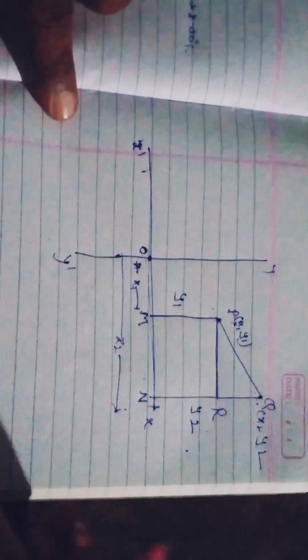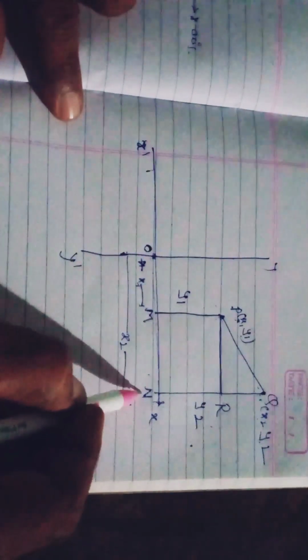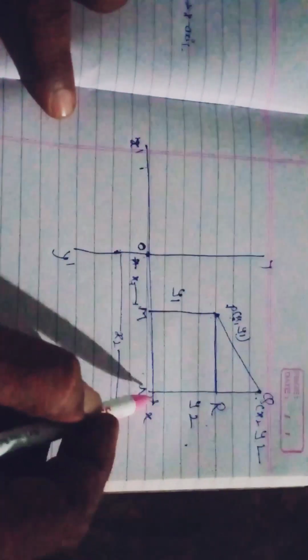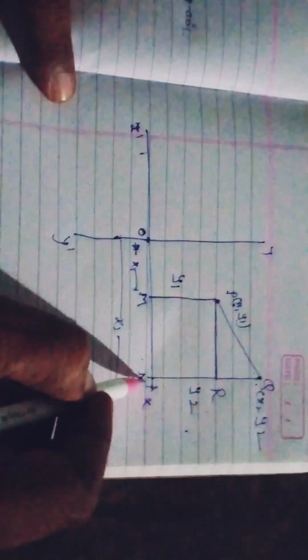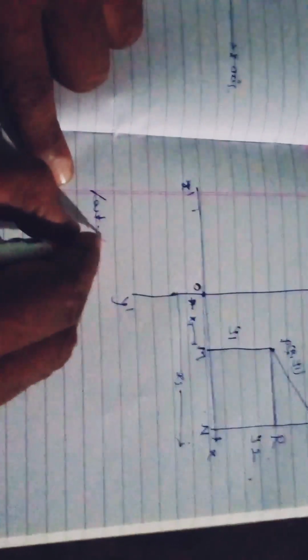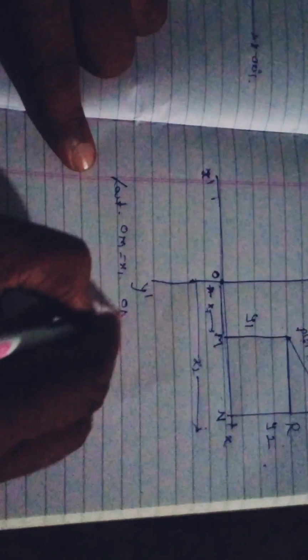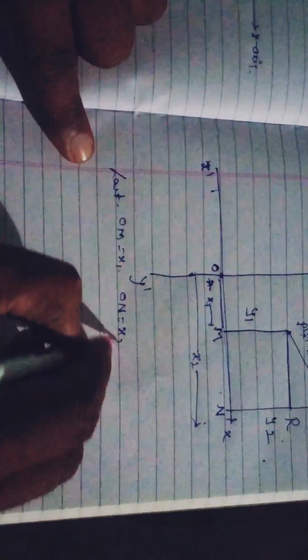MN and PR, take it. This is PR perpendicular to QN. Here OM is equal to x1 and ON is equal to x2.